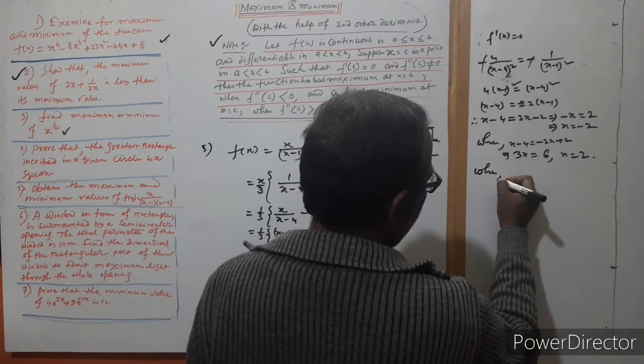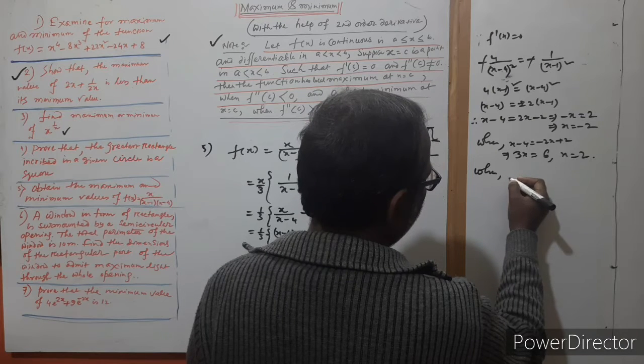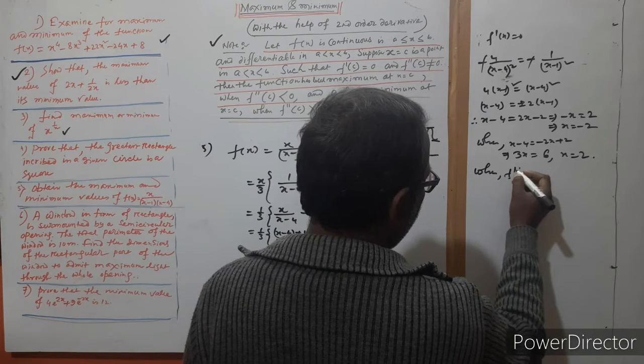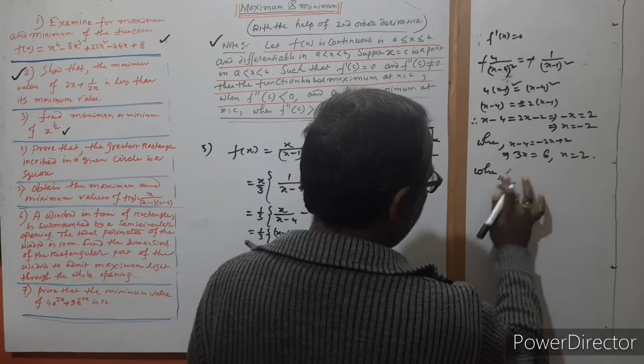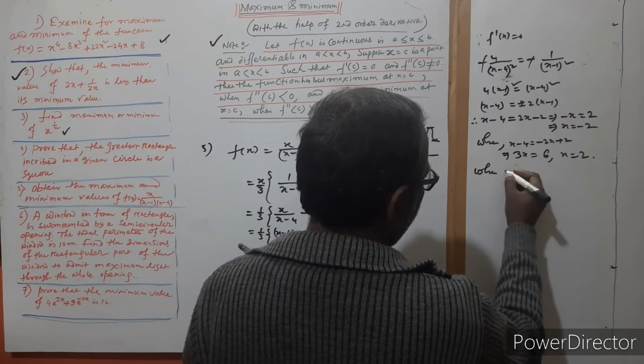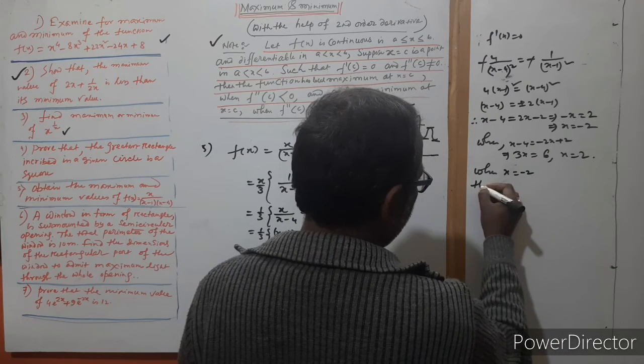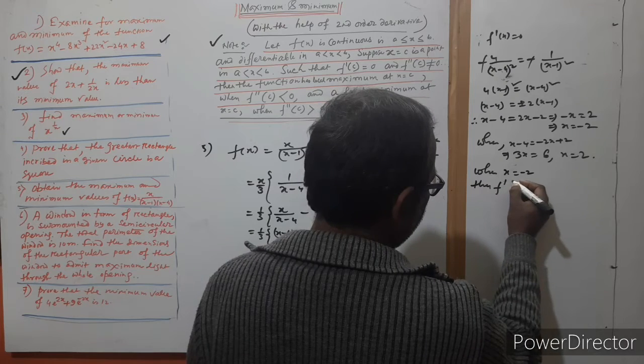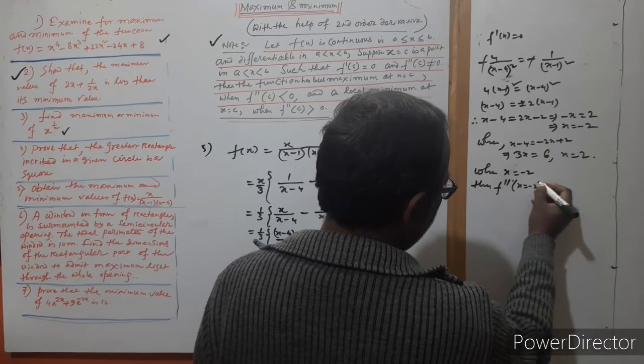Actually, when f dash is 0 and x equals minus 2, we check f double dash at x equals minus 2.